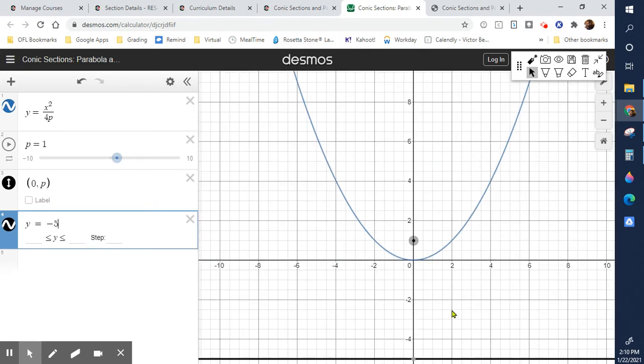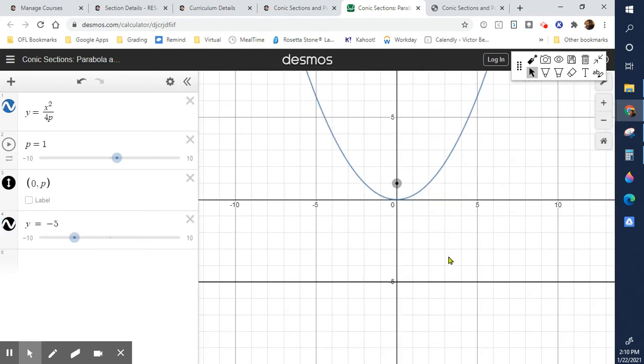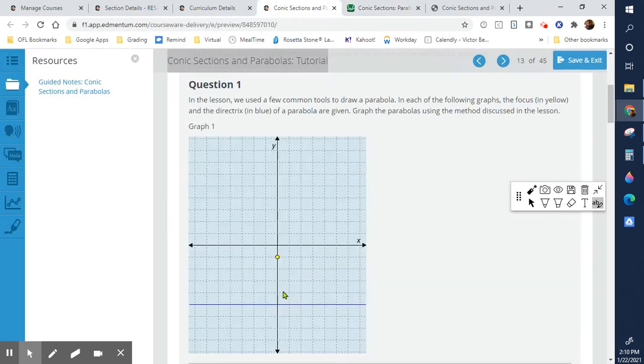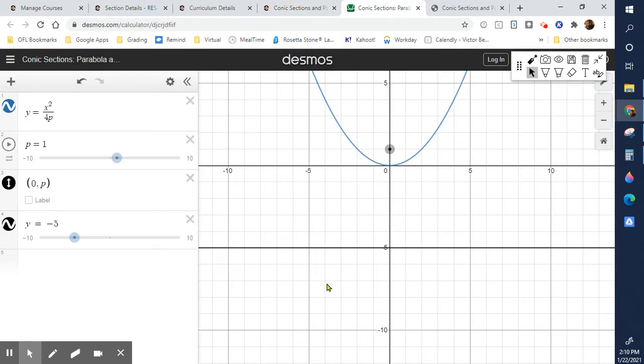So if we look down, we see that directrix. We want our focus to be down here. Let's see if I can somehow get that. I want that to be -1. Okay, so I'm just going to make my focus -1.